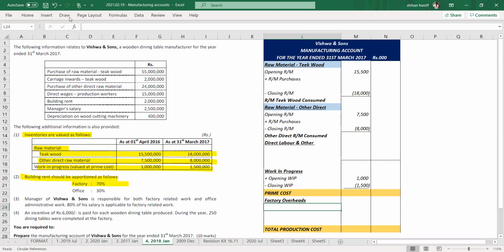So for factory overhead, building rent from 2 million, you have to take only 70%.